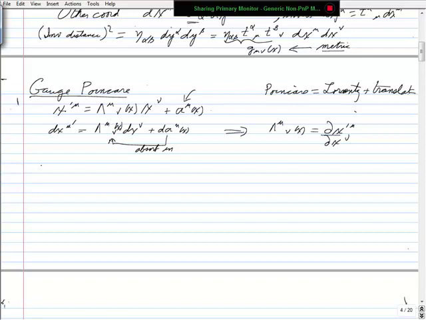We want this to be an invariant. So if we just used eta alpha beta, lambda alpha mu, lambda beta nu, and made these functions of x, times dx mu, dx nu, it is not invariant by itself.